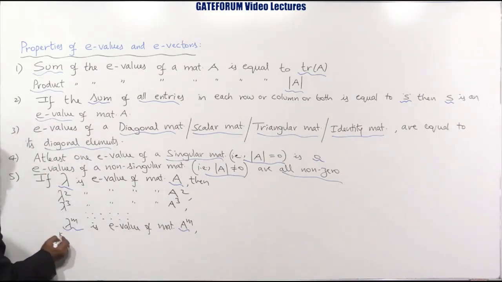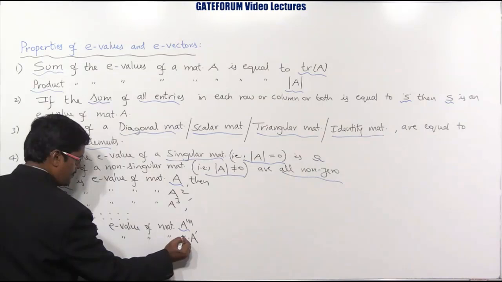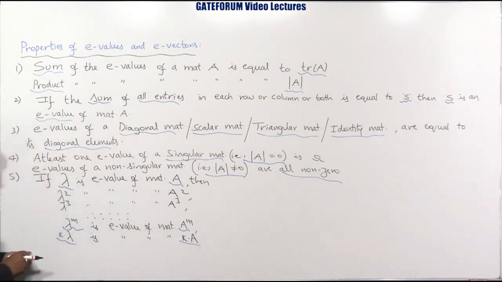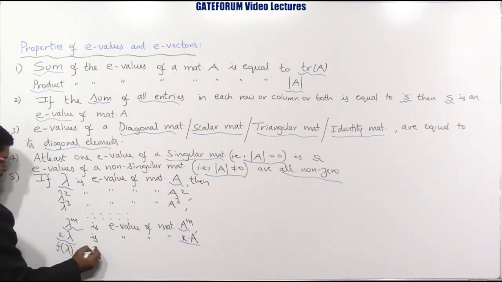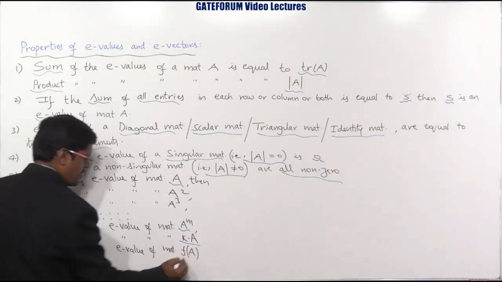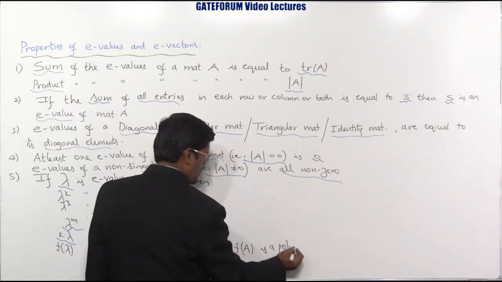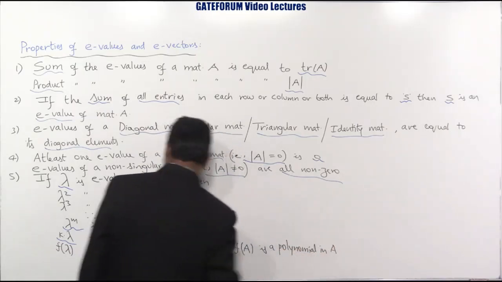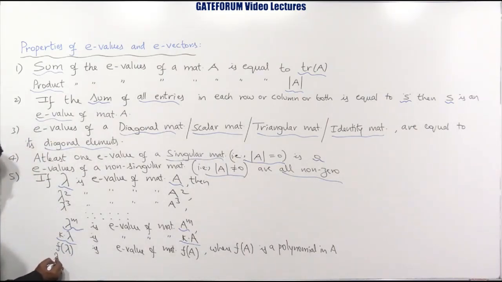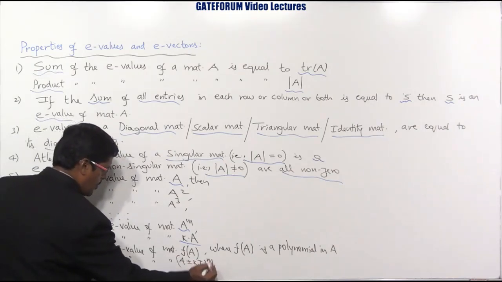Next, when you multiply a number to this eigenvalue, that is k lambda, where k is a scalar, it is an eigenvalue of matrix correspondingly k into A. Next, f of lambda, that is a polynomial in lambda, is an eigenvalue of matrix f of A, where f of A is a polynomial in A. Next, lambda plus or minus k whole power m is an eigenvalue of matrix A plus or minus k into I, identity matrix, whole power m.